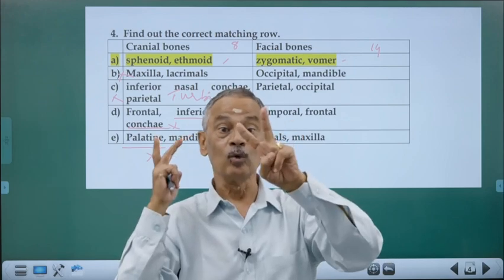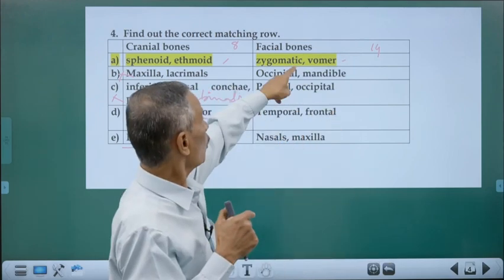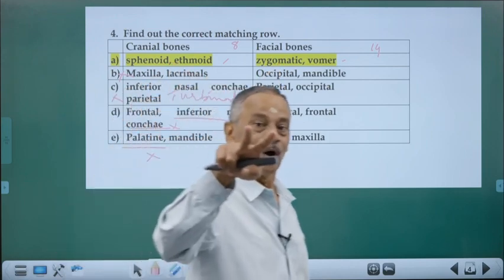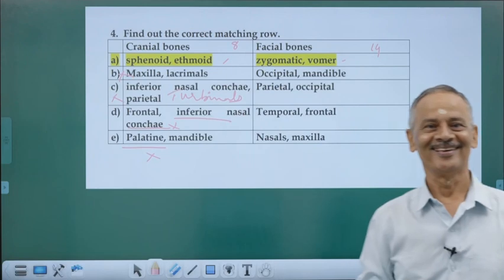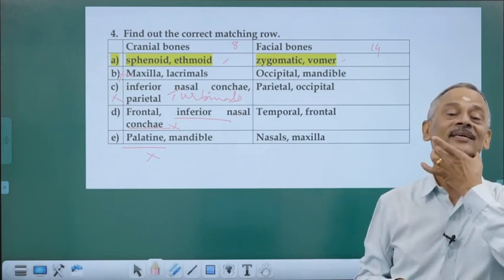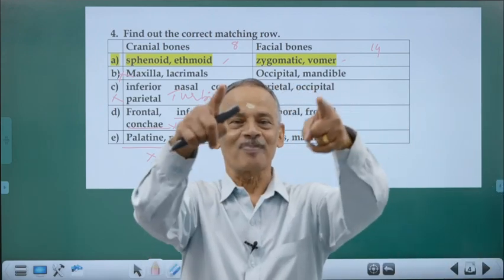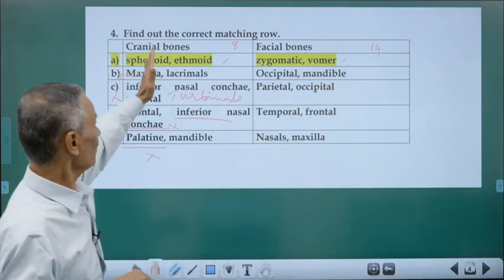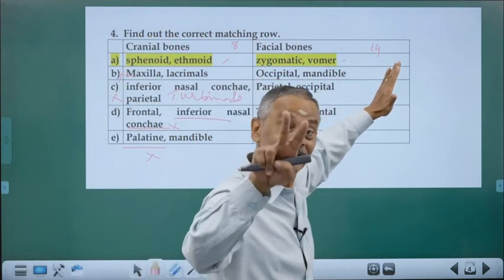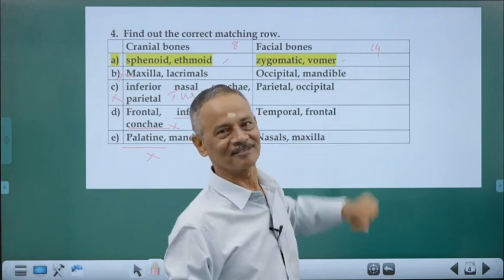Whereas of the 14 facial bones, only 2 are unpaired, a vomer and the mandible, lower jaw. All others are paired here. Here only 2 are unpaired, that is single. Okay.